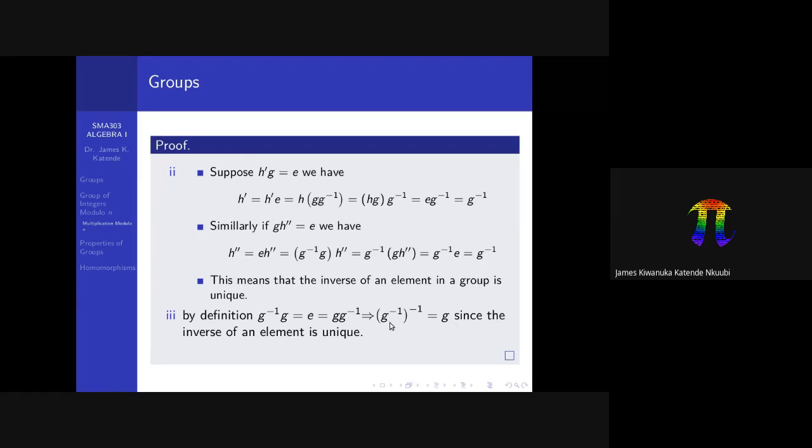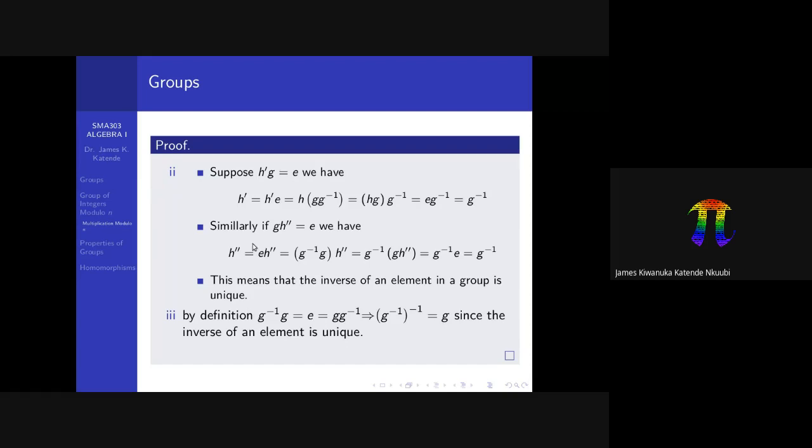Anything I multiply by G inverse to get the identity must be its inverse, right? So if I multiply G by G inverse, by definition, this should give me the identity. So it means the inverse of this element, G inverse, is just G. Because that's what you multiply by G inverse to get the identity.